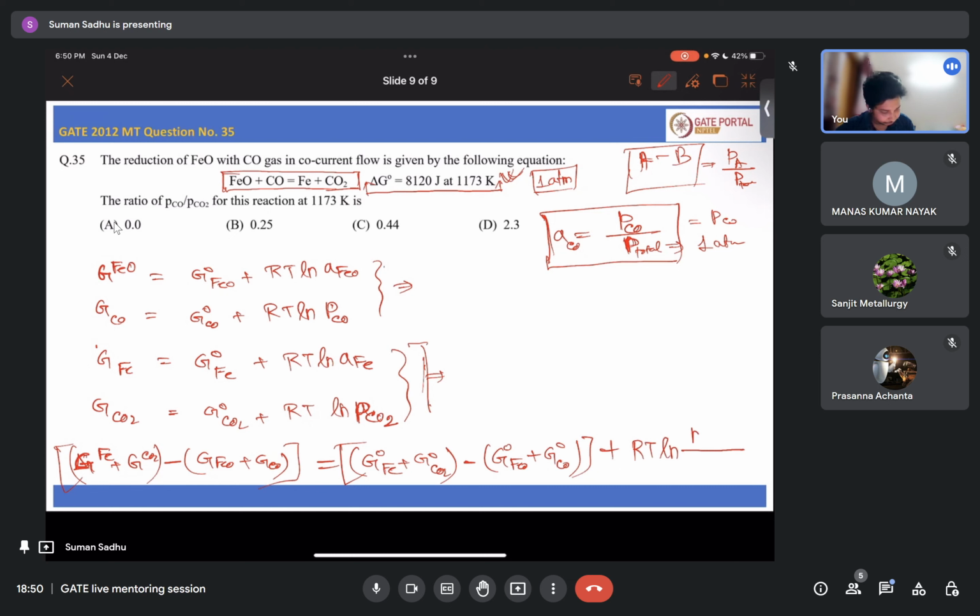PCO2 will be at the top, then activity of Fe, and then activity of FeO into P of CO, right?